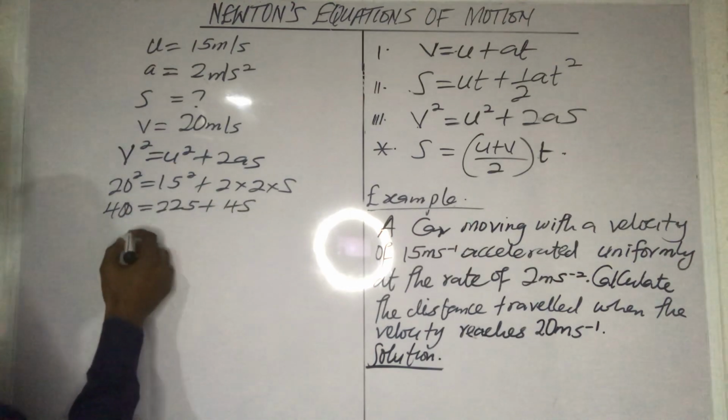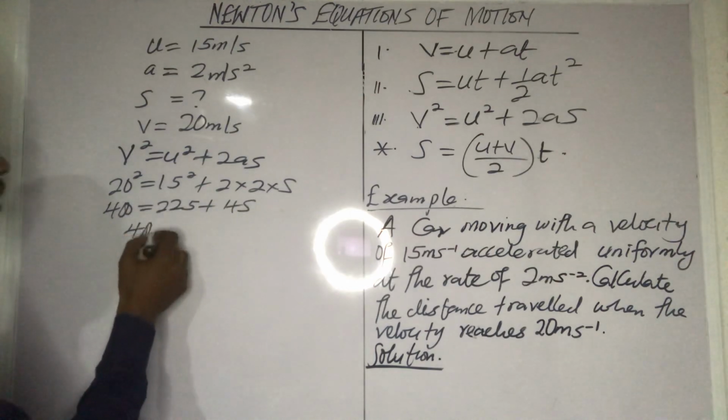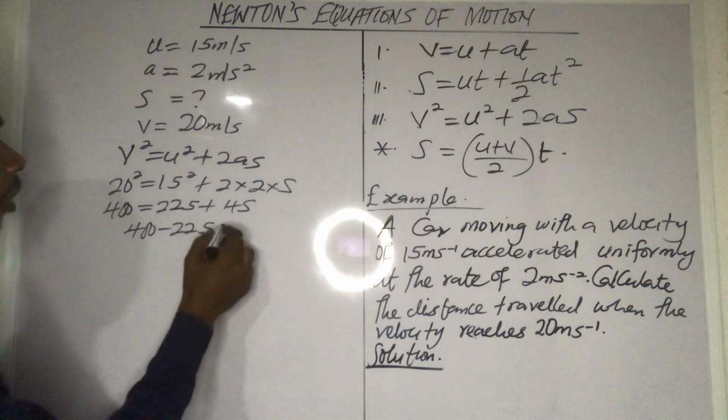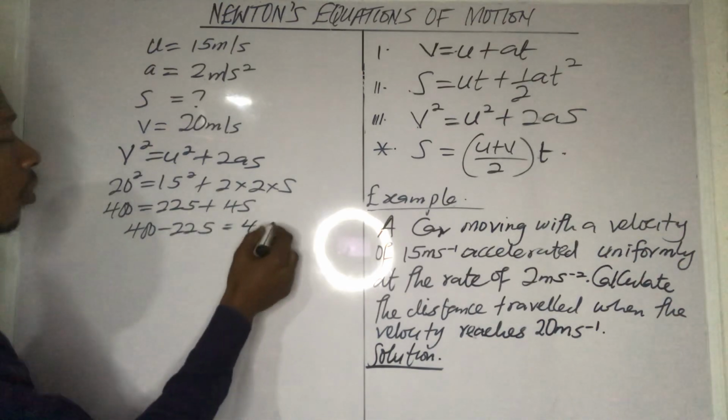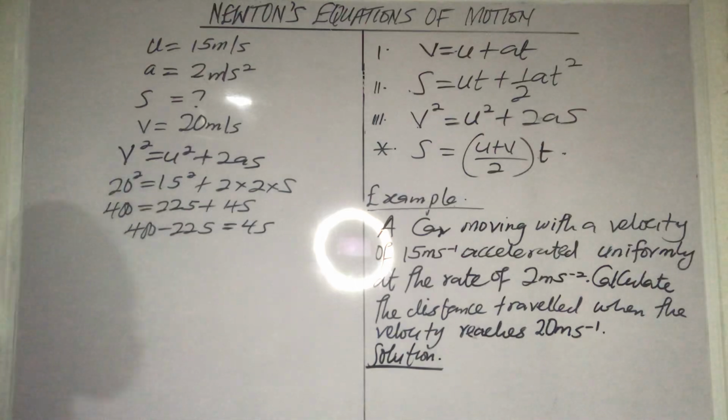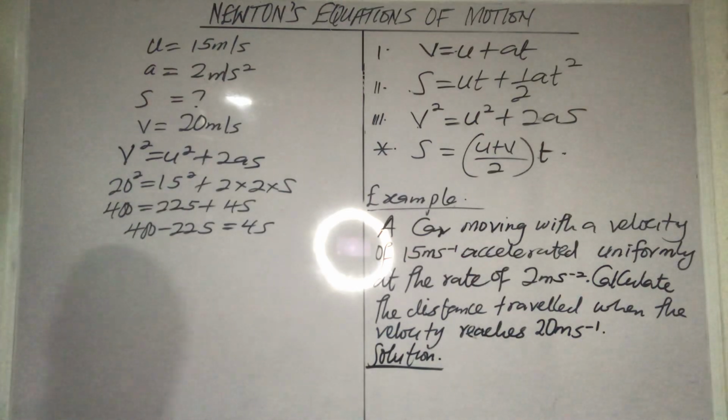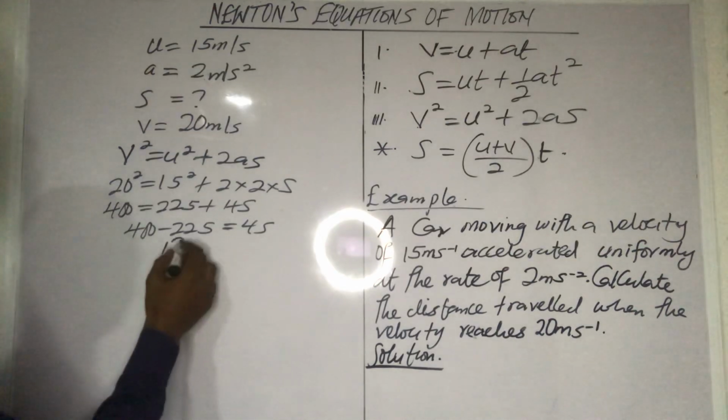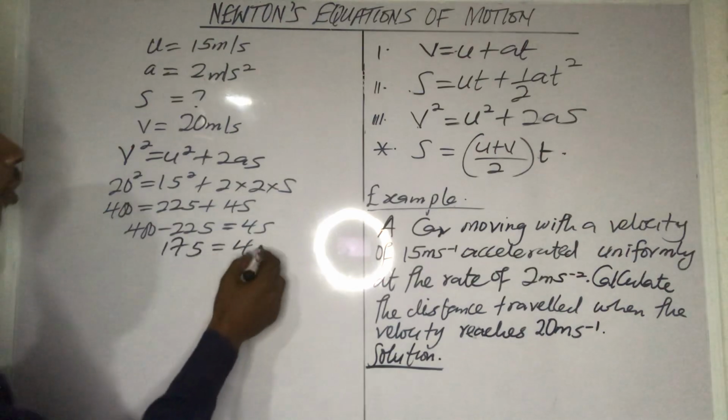Collect like terms now. I will have 400 minus 225 is equal to 4x. Then 400 minus 225 gives me 175 is equal to 4x.